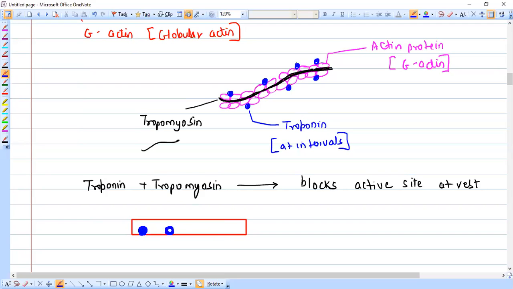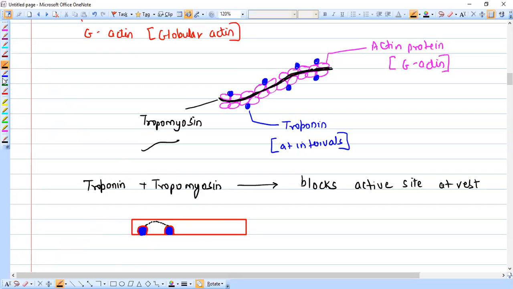So the active site is blocked because of troponin. If I draw this, the structure will appear something like this. So the active site is blocked with the help of troponin. And this is the tropomyosin basically that will connect the two troponin.